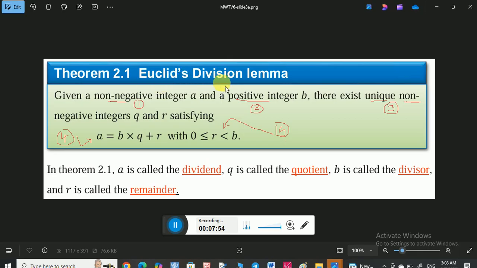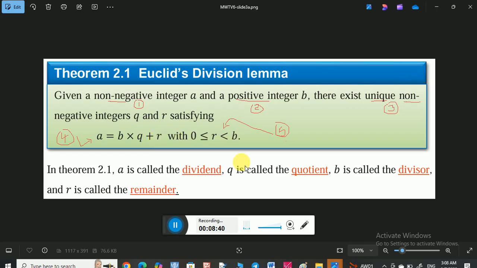Euclid's division lemma or algorithm says, given a non-negative integer a and a positive integer b, there exist unique non-negative integers q and r satisfying this equation: we can always write a as a = bq + r, in such a way that the last term r is between 0 and b, that is, 0 ≤ r < b.